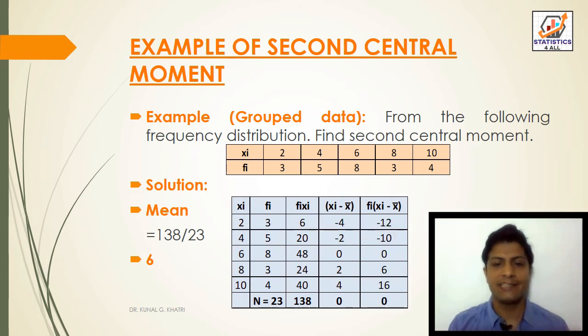After finding xi minus x bar, we have to find fi into (xi minus x bar). Here it is given.